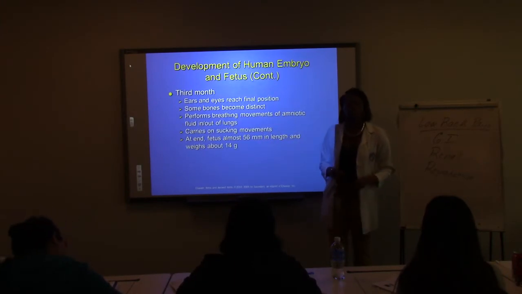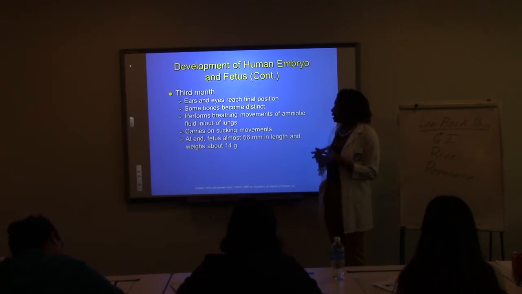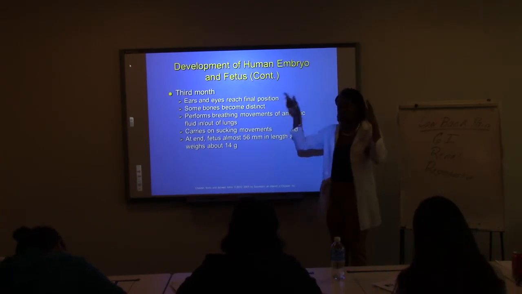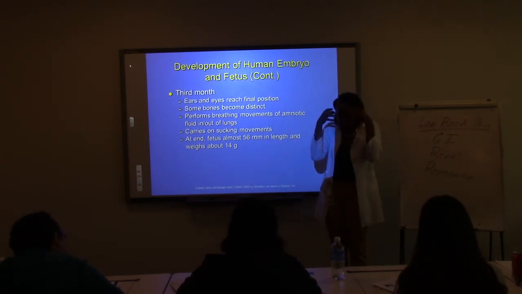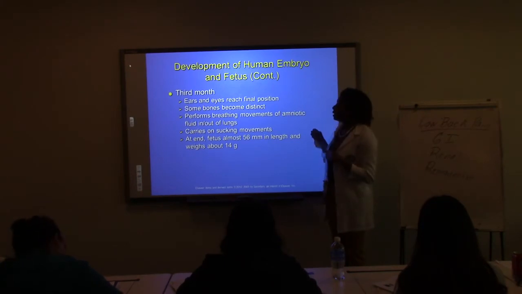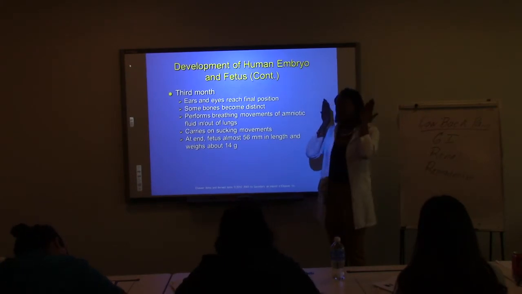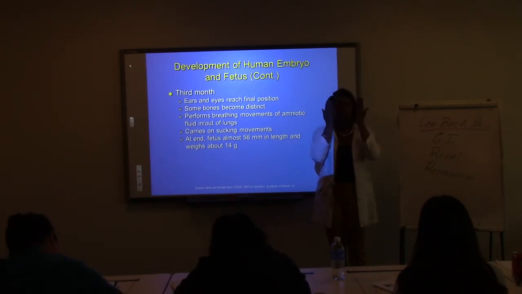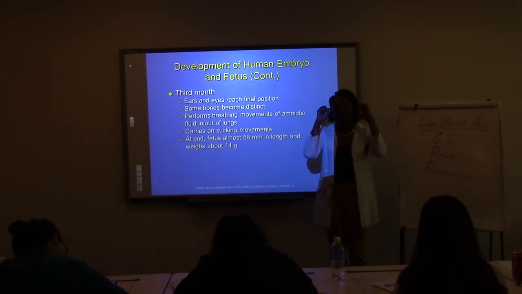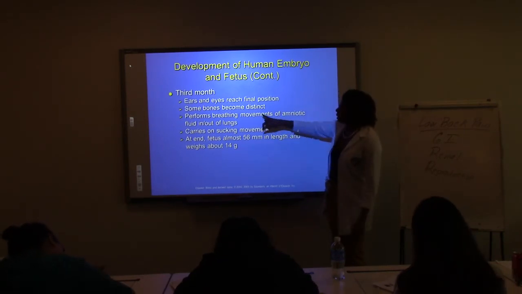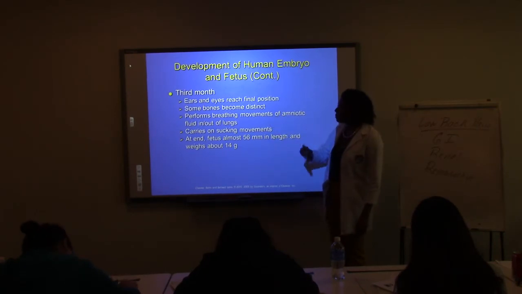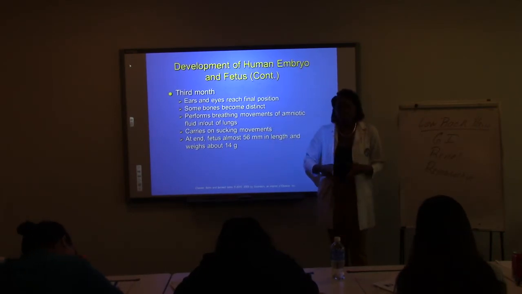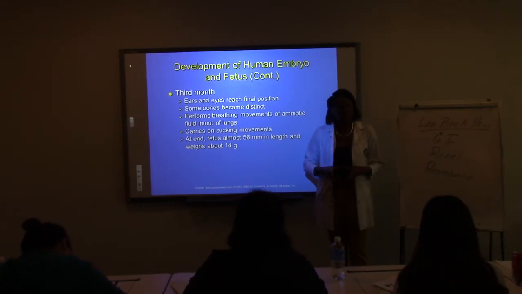Okay, so the 3rd month, eyes and ears finally reach their position. As you saw before in the picture, they were all kind of towards the front, and so now they move laterally to the sides, where they're supposed to be, at equal distance. Some bones may be distinct. They do have breathing movements, but keep in mind, because of their location, what the fetus is breathing in and out is amniotic fluid.